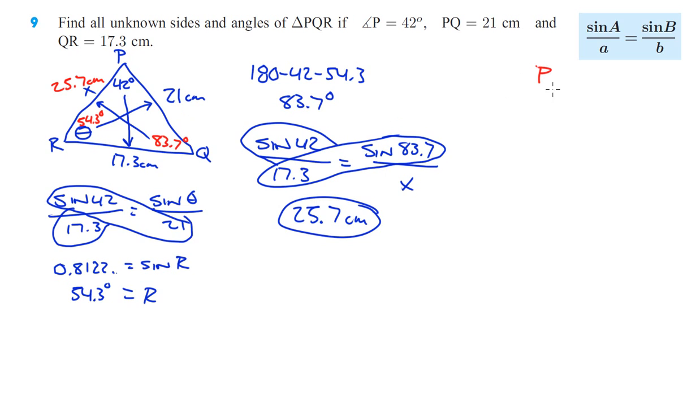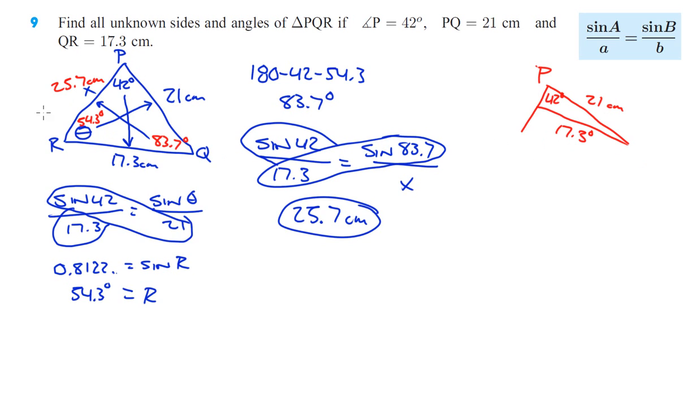Here's P, and here's our 42-degree angle, and here's the 21 centimeters. Now this side here, we drew a 17.3 this way, but it could actually go in closer like this at 17.3 here.